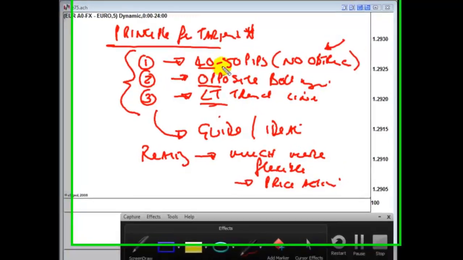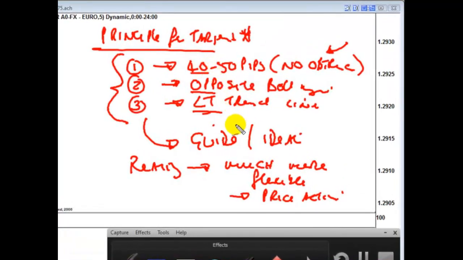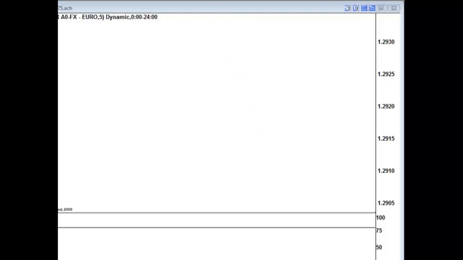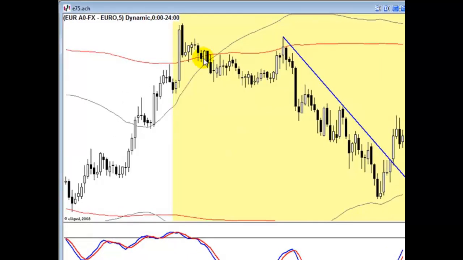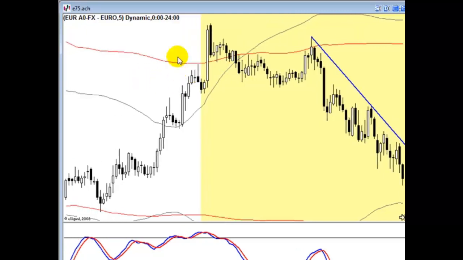So in fact, our targets could be bigger, or they could be smaller. All right, so let's look at those three: 40 to 50 pips, opposite side Bollinger, long-term trend line. And let's get this chart back in place. Right. I wonder if we can use this trade as an example. I think we'll use the previous one today.